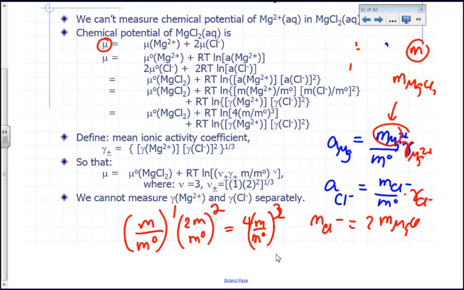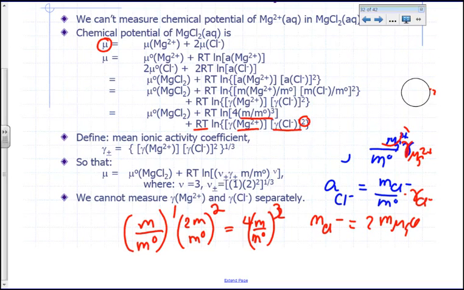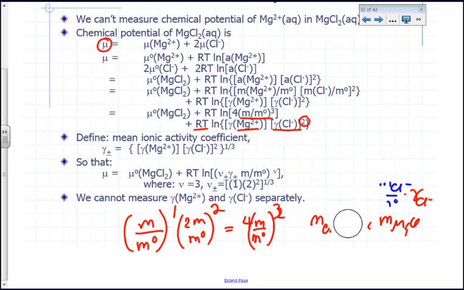And so 4 times m over m naught cubed, plus RT ln gamma magnesium, the activity coefficient of magnesium times the activity coefficient of chloride squared. Since we cannot really, like I said, measure individual activities for ions, we cannot get individual activity coefficients for ions. We can define what's known as the mean ionic activity coefficient.